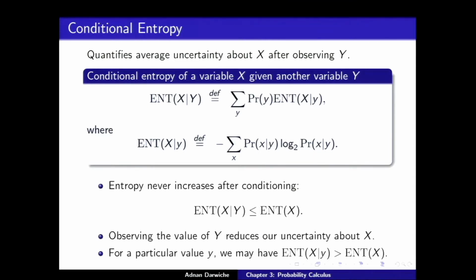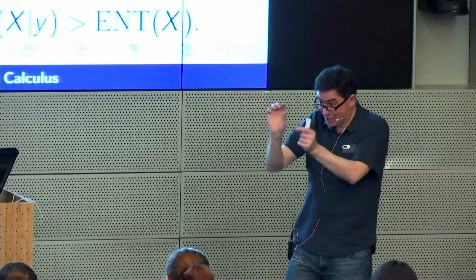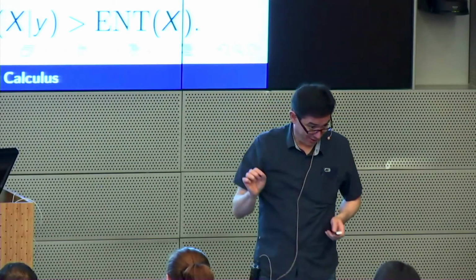Even though the conditional entropy of x given y is less than or equal to the entropy of x, remember we had two cases? You said y could be true, and then you get an entropy. And y could be false, and then now the individual ones may go up or down, right?